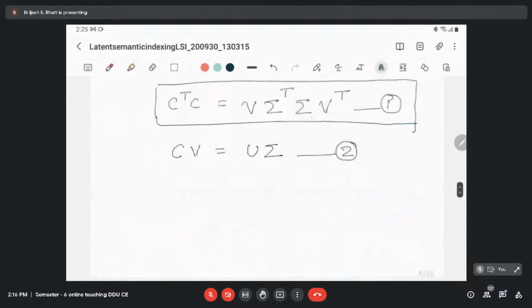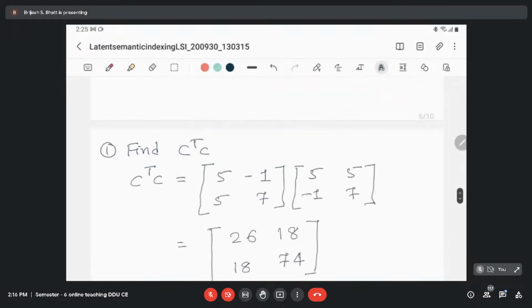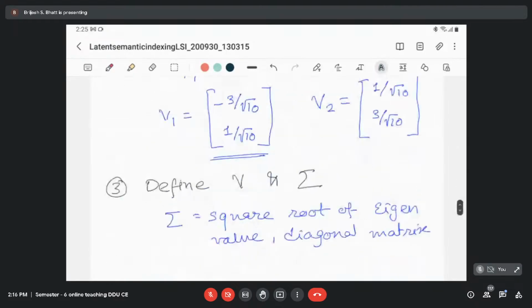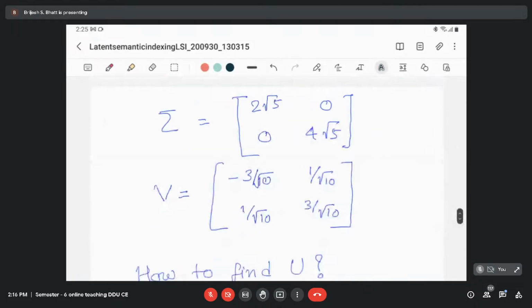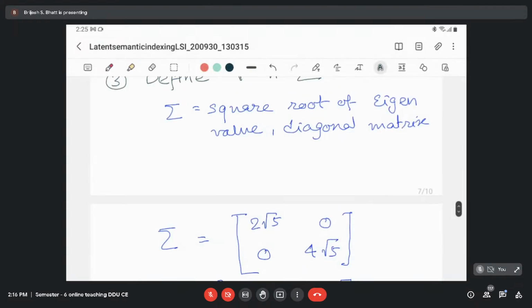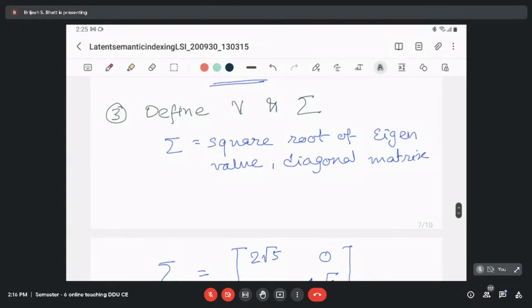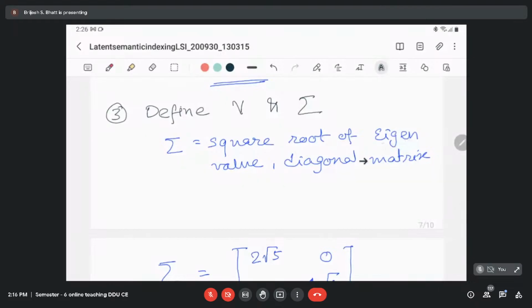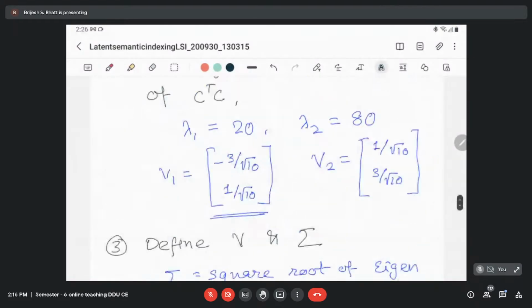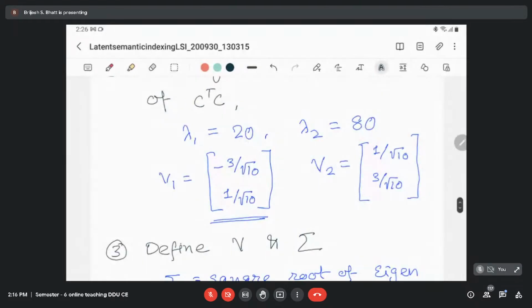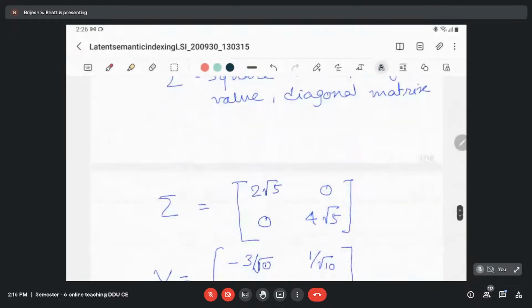From that, let's see how we define V and sigma. Sigma is the square root of the eigenvalues, as a diagonal matrix. The eigenvalues are 20 and 80, so sigma will become 2 root 5, 0, 0, 4 root 5.